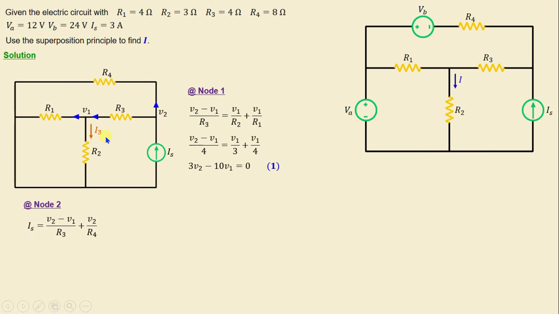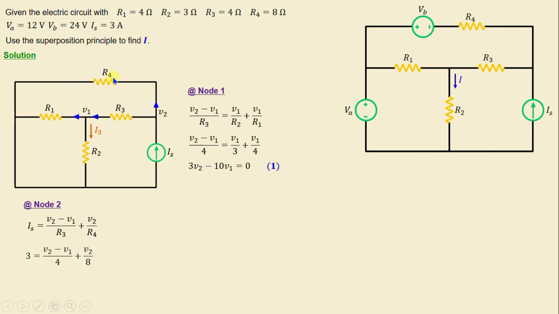By applying Kirchhoff's current law in node 2, we can write IS is equal to V2 minus V1 over R3 plus V2 minus 0 over R4.